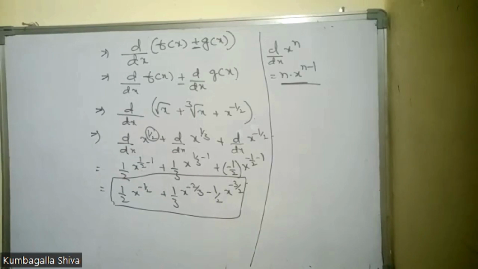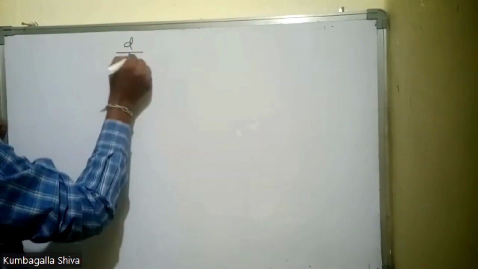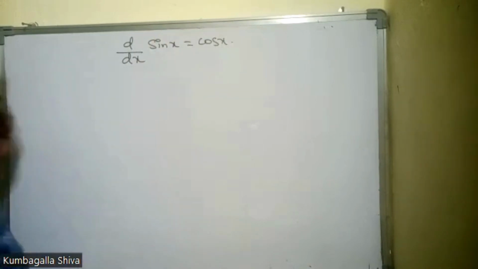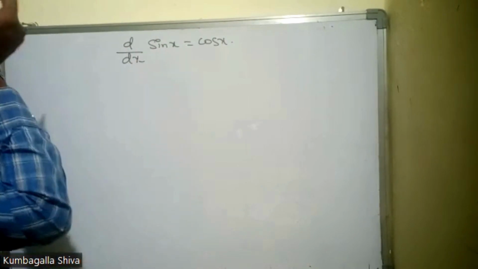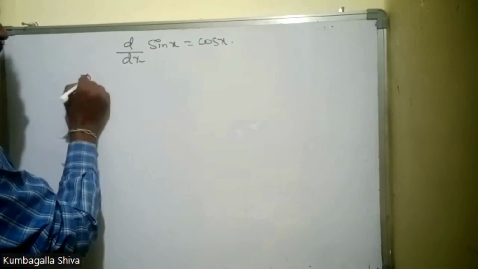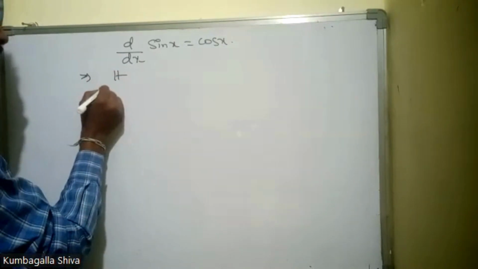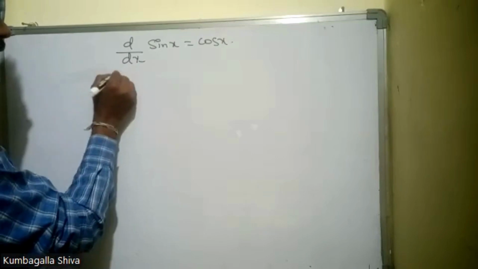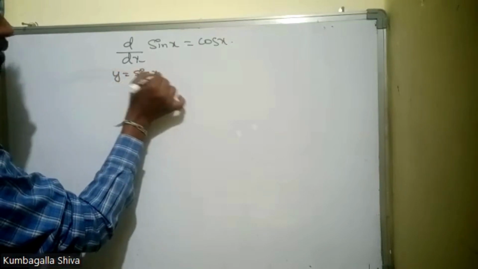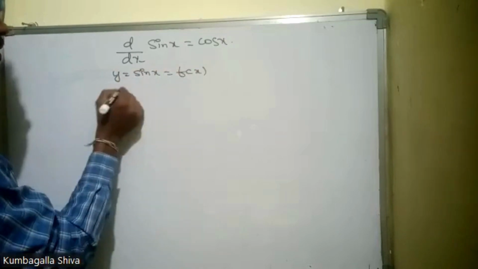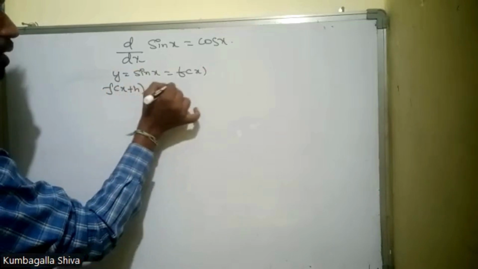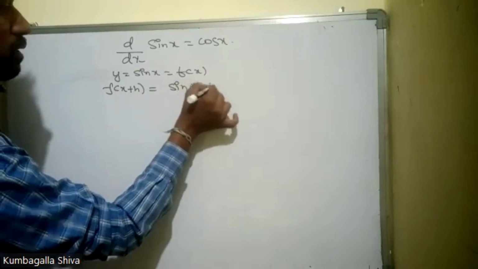Right? Are you clear? So the derivative of sin x is cos x. Now how will you say the derivative of sin x is cos x? Using the first principle only we can verify. So limit h tends to 0. Okay, let y be equal to sin x, which is equal to f of x. Now the value of f of x plus h will be equal to sin of x plus h.